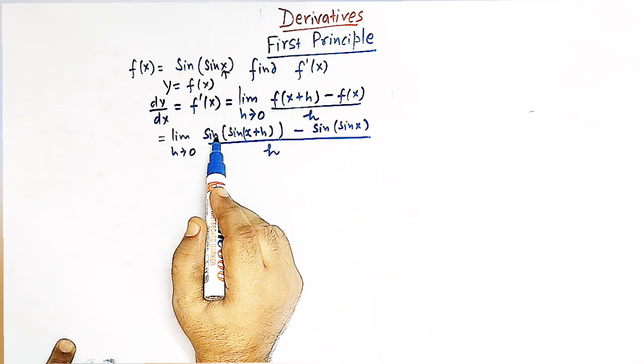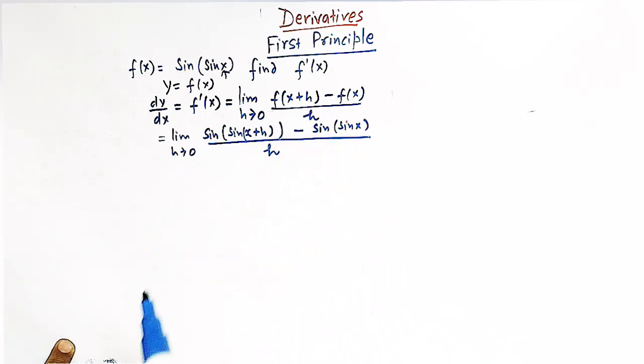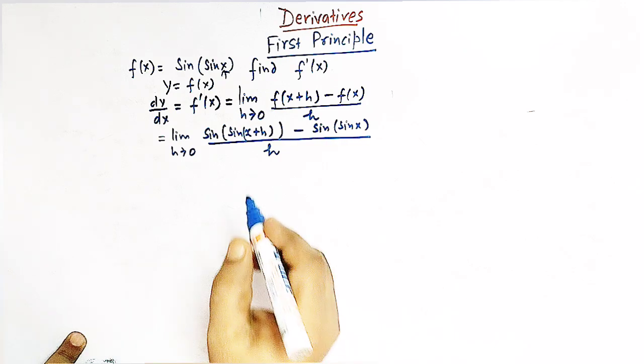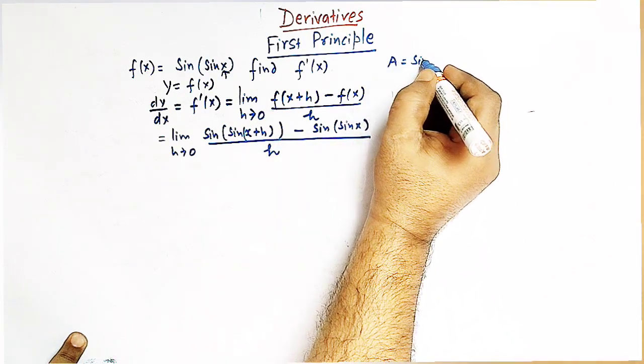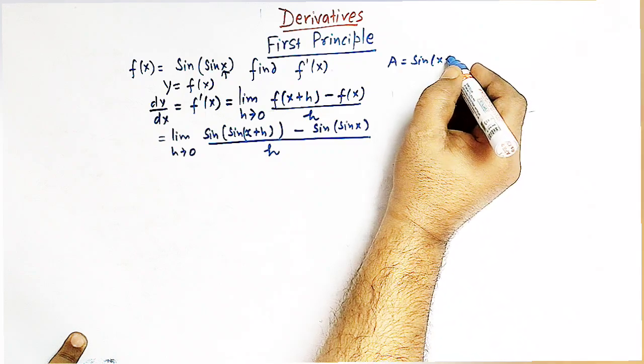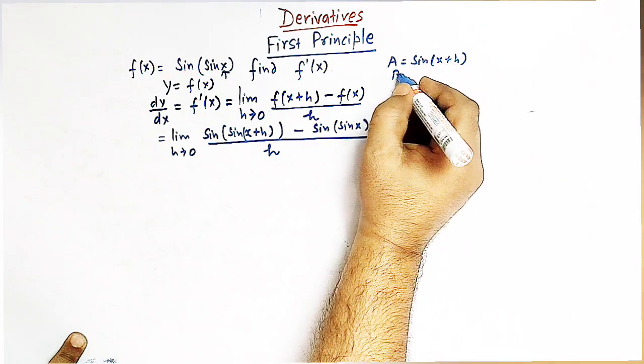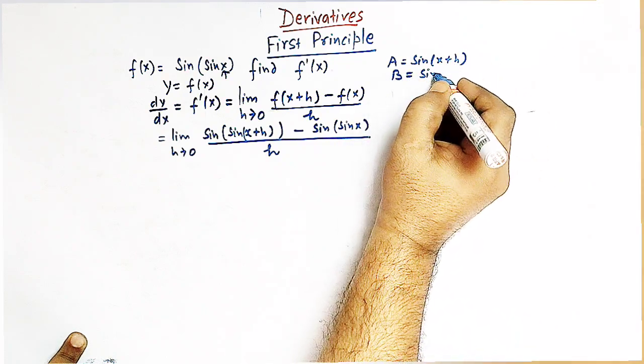Now to simplify the numerator, we can make use of an important identity from trigonometry, right? So let us take A as sine of x plus h and B as sine of x.